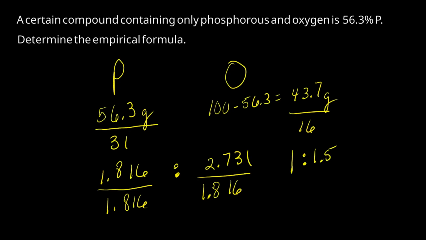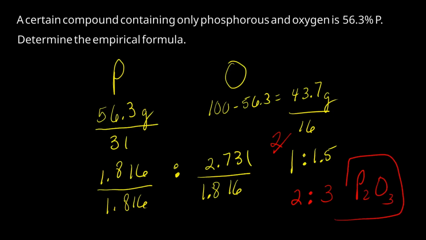All right, so we're going to multiply this times a number that will give us whole numbers. So we'll multiply all this times 2. So this gives me a 2 to 3 ratio. So my formula is going to be P2O3. That will be the empirical formula.